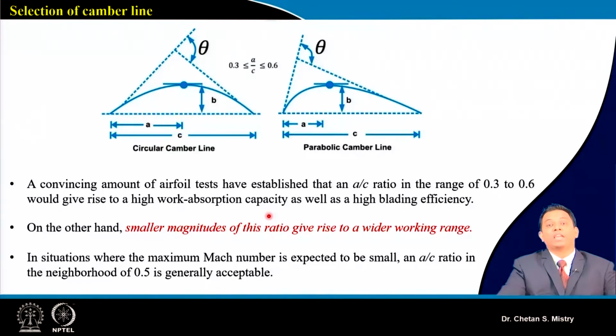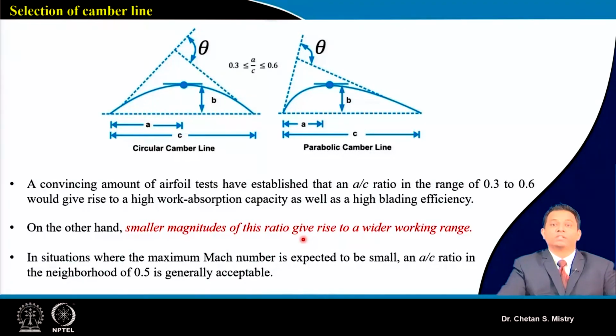So when we are making our camber line, we need to take care of selecting the A by C ratio. Similarly, if we have a lower A by C ratio, then you need to compromise in terms of your operating range. A smaller ratio will give you a wider operating range.